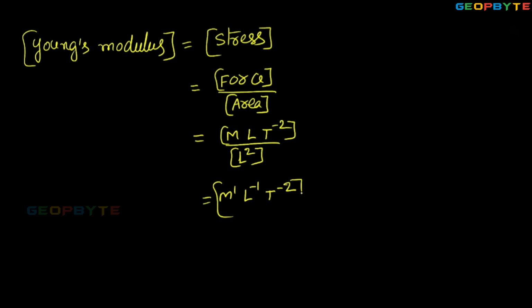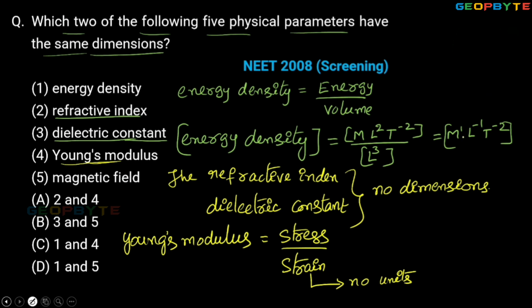This is the Young's modulus dimensional formula. Look at the energy density, M power 1, L power minus 1, T power minus 2. Therefore, the energy density and Young's modulus both are maintaining the same dimensional formula. Therefore, option C can be selected.